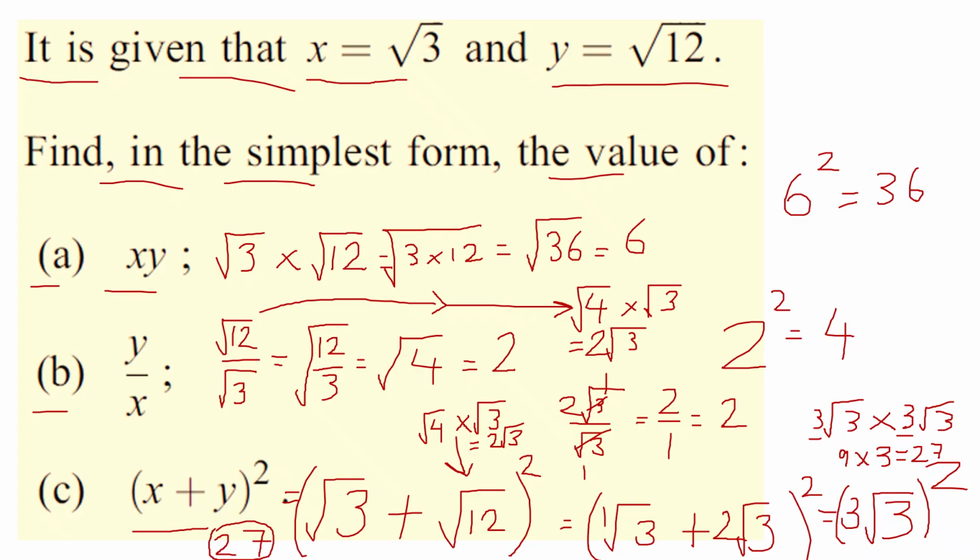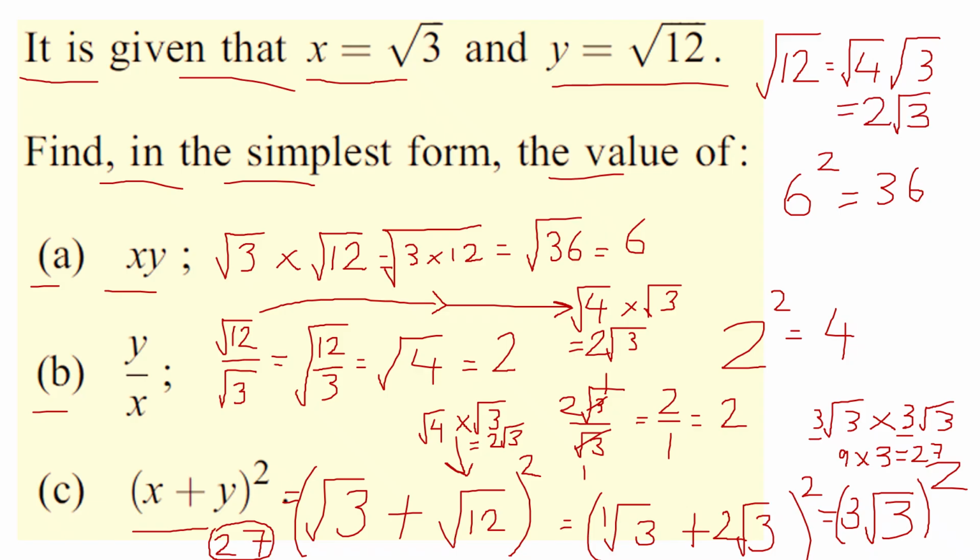So part C required a bit of simplifying surds. Look here for the biggest square number factor. Just to remind you, root 12 can be written as root 4 times root 3, and the square root of 4 is 2, so we have 2 root 3.